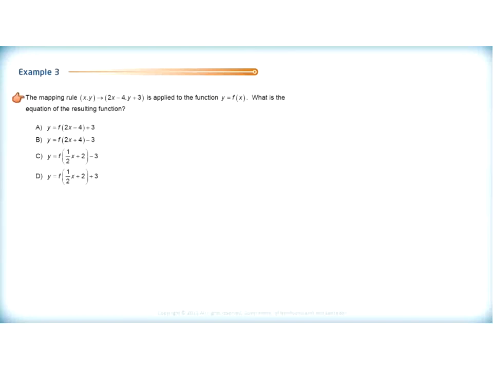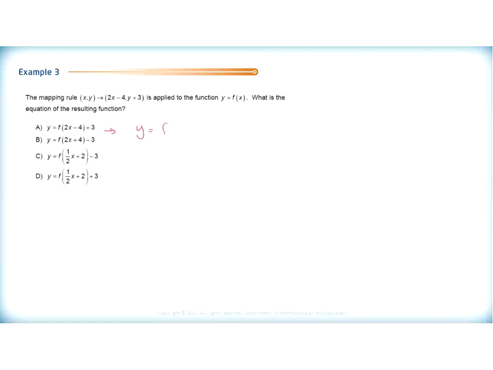Example 3. The mapping rule, x y maps to 2x subtract 4, y plus 3, is applied to this function. What is the equation of the resulting function? So now we're trying to match our mapping rule with our function. Again, remember that you have to have a set of brackets here, here, here, or here. I would actually have to rewrite all of these with a set of brackets. So let's do that.